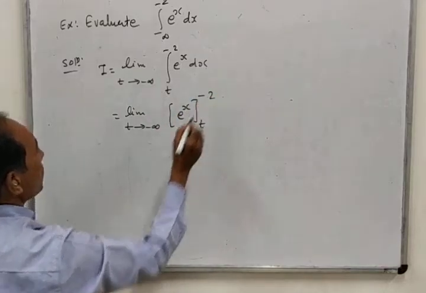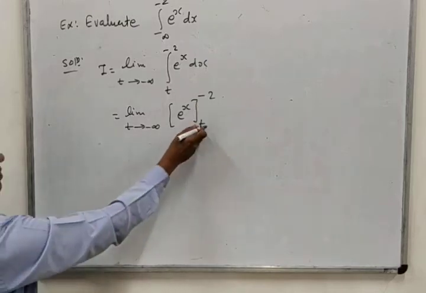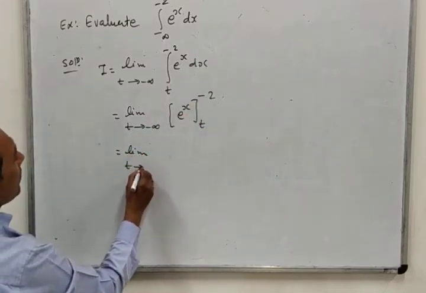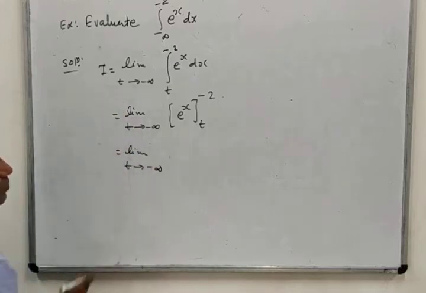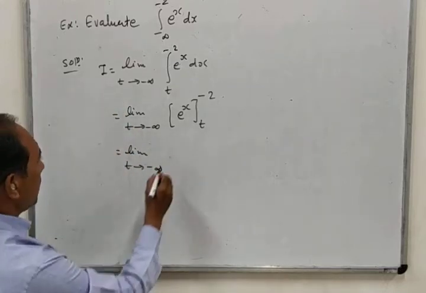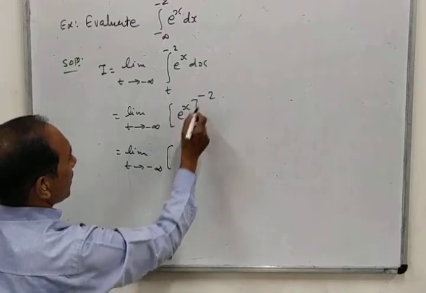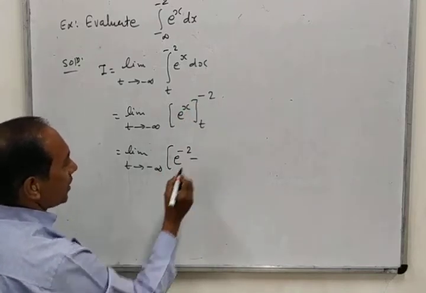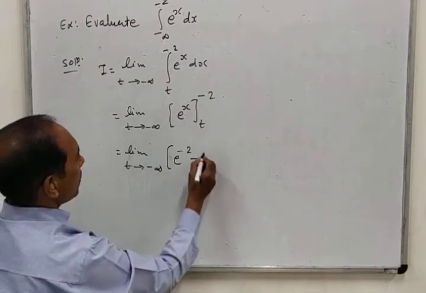So it is t to minus 2; this is the lower limit, this is the upper limit. You always write it in this proper way, once again I am telling you. So x equal to minus 2 gives e raised to minus 2, then we put t, so a minus sign will be there, e raised to t.